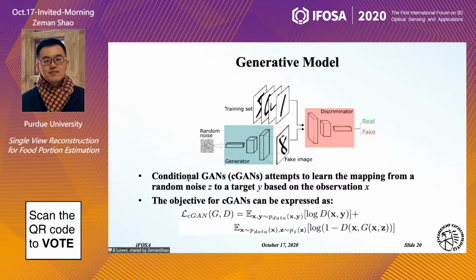The conditional GAN, or cGAN, attempts to learn the mapping from a random noise Z to a target Y based on the observation X. The objective for the conditional GAN can be expressed by the formula below. The conditional GAN architecture is a natural fit for our image to energy mapping task, because we want to predict the energy distribution map based on a food image, the RGB image.